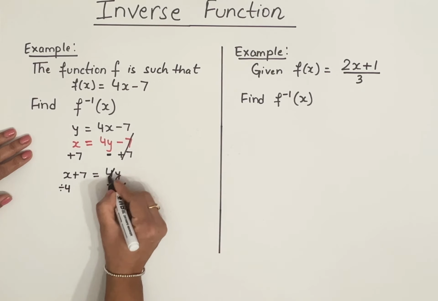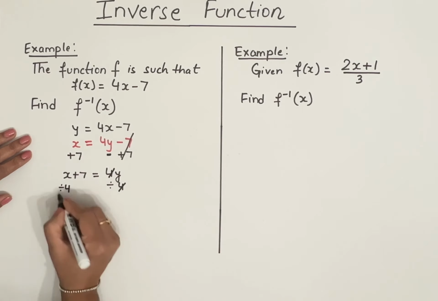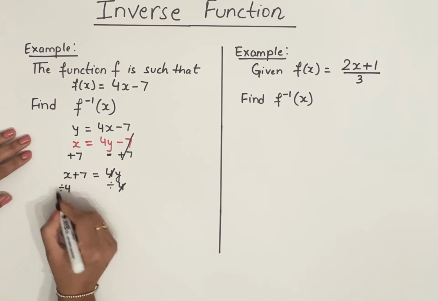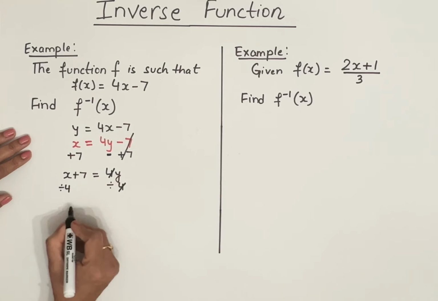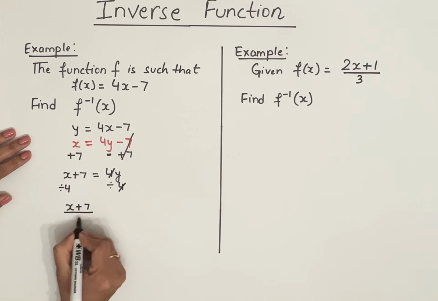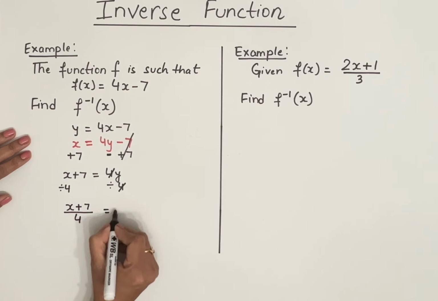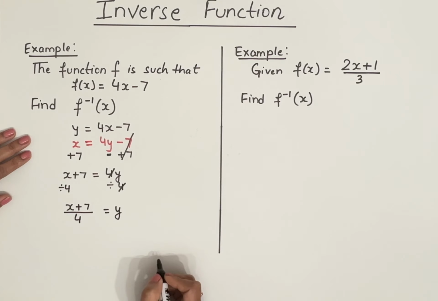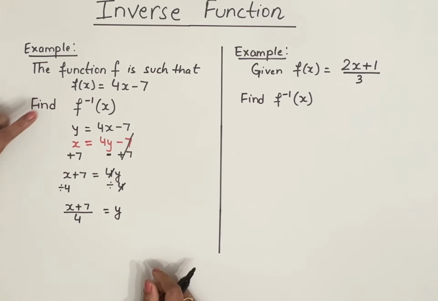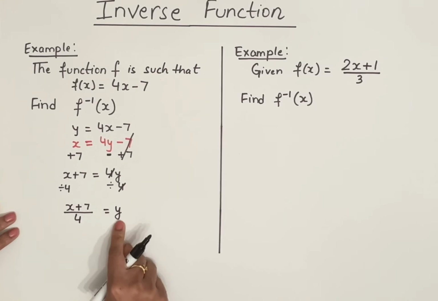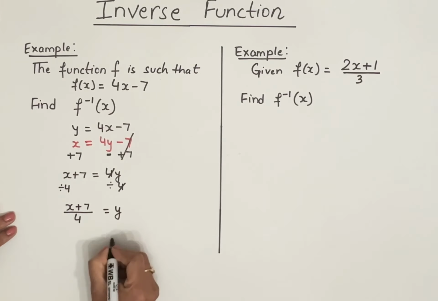So that 4 and 4 cancel off. Let's write that as a fraction because in algebra we cannot write the division sign. It has to be written as a fraction. So we're going to write down (x plus 7) over 4, and that equals y. Now we just need to rewrite our answer in that form. So this y is your f inverse.